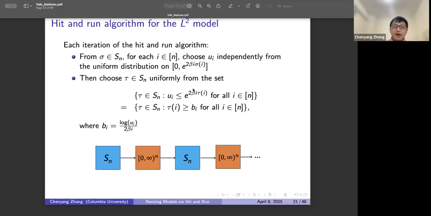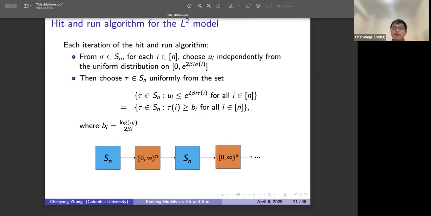And in the second substep, given u1 up to un, we need to choose a new permutation tau, which is uniformly from this set. And it can be checked that in order for tau to satisfy this constraint, it's equivalent to require that each coordinate or rank specified by tau is at least some value, bi, where bi can be computed based on ui as here.